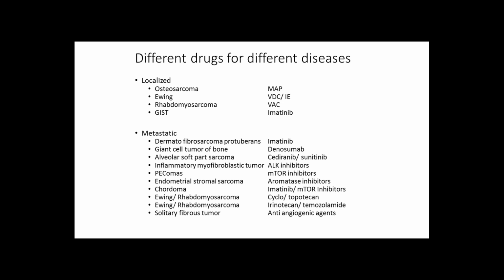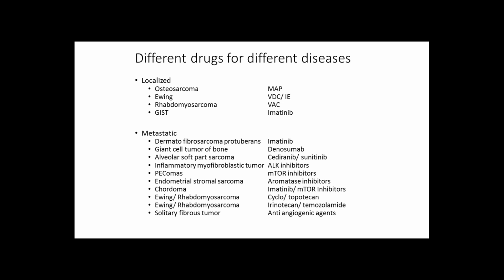But there are other examples, including imatinib in dermatofibrosarcoma protuberans, denosumab in giant cell tumour of bone, anti-angiogenic agents such as cediranib, sunitinib, and pazopanib in alveolar soft part sarcoma, ALK inhibitors in ALK-mutated inflammatory myofibroblastic tumour, mTOR inhibitors in PEComas, aromatase inhibitors in endometrial stromal sarcoma, and the list goes on.